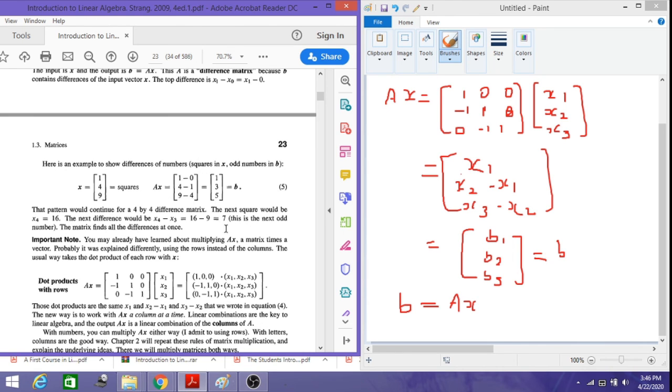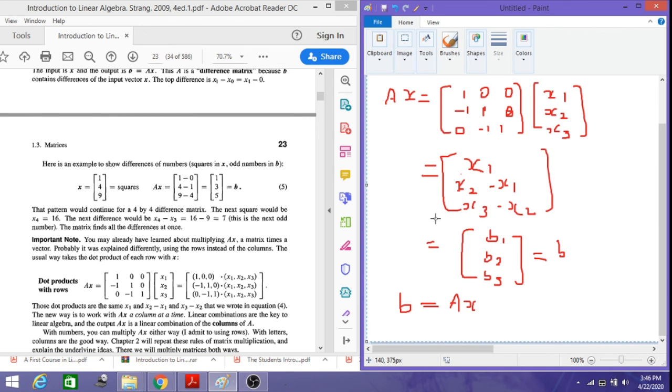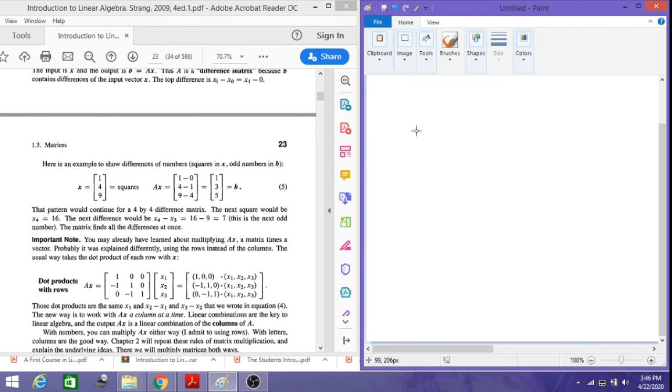So let us take an example with x values. Now we will give input x to this difference matrix. Then what do we get?